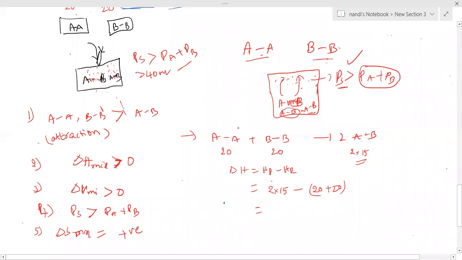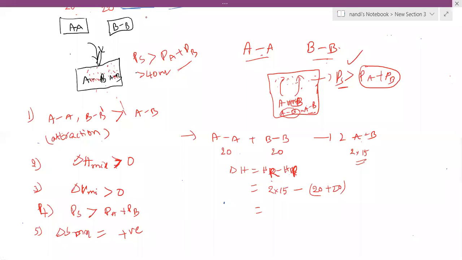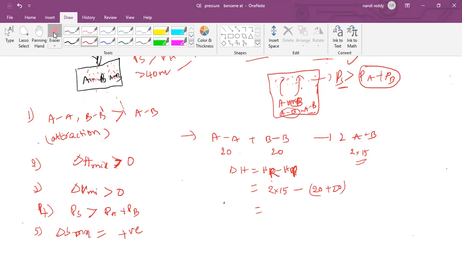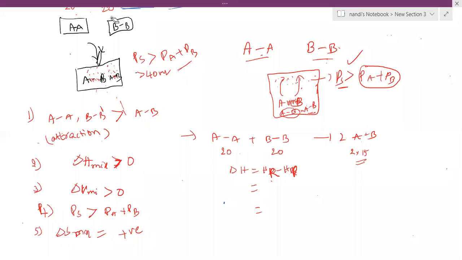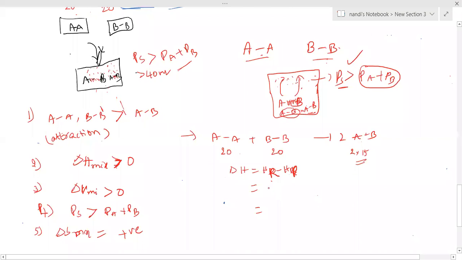wait. You can take H reactant minus product. If it is bond energy, it is always reactant minus product. For bond energy it means reactant minus product. Small change: the delta H formula in terms of bond energy is reactant minus product. So this is 20 plus 20 minus 2 into 15, which is 40 minus 30.